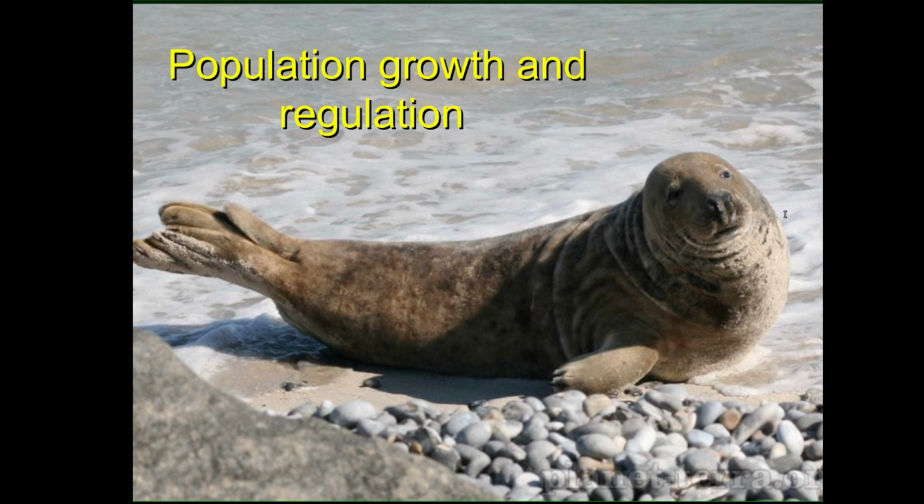So the most fundamental property of a population is its ability to grow. And they have this ability for one reason. The organisms in the population are capable of reproducing themselves, and they're capable of more than replacing themselves, at least within their niche. Because they can more than replace themselves, their population can increase.